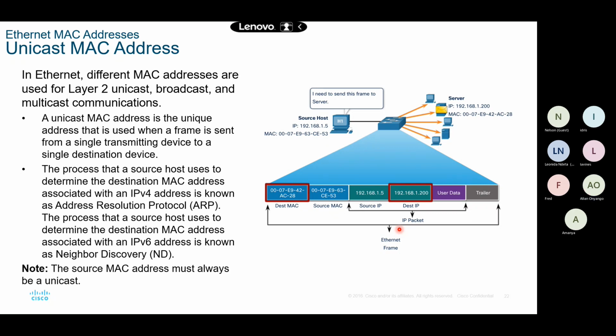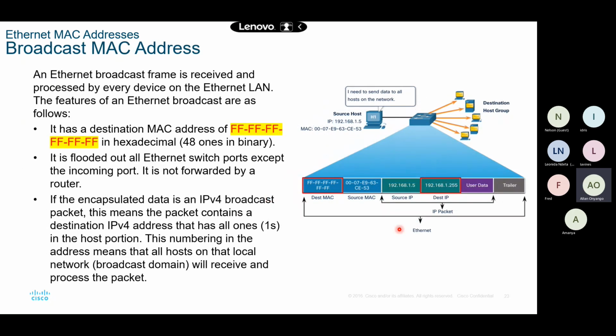We have the broadcast MAC address. A broadcast MAC address is used for communications from one to all. So when one device wants to communicate with all the devices on the network, it is going to use a broadcast MAC address.